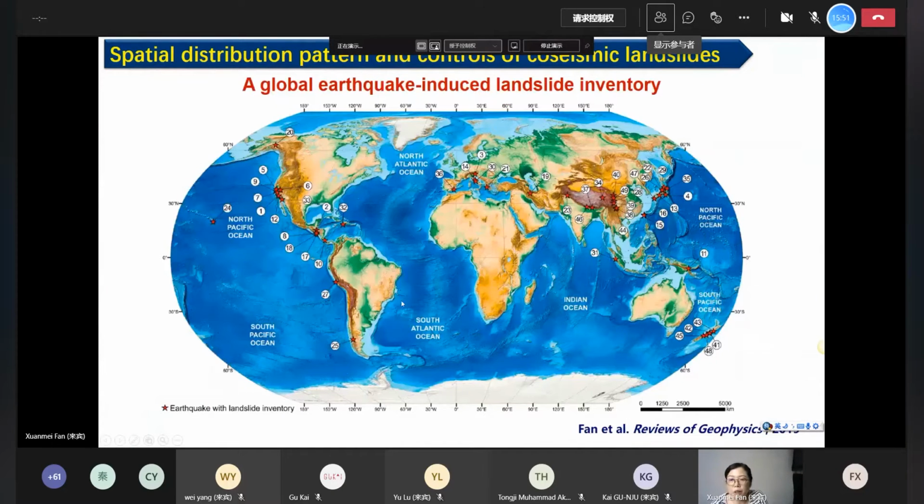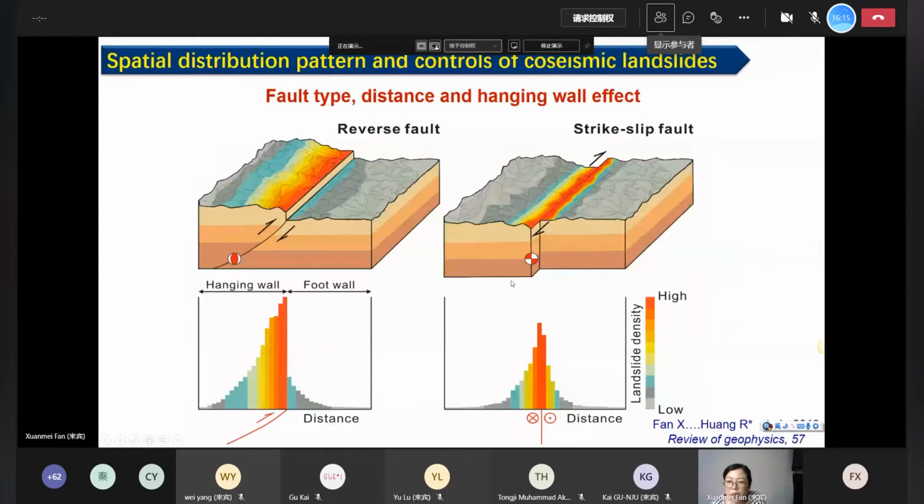We also created an inventory of global earthquake-induced landslides. This inventory includes 49 earthquake-induced landslide events, and it is publicly shared in the USGS data repository. Based on this global inventory, we analyzed and found some general rules for the spatial distribution of earthquake-induced landslides.